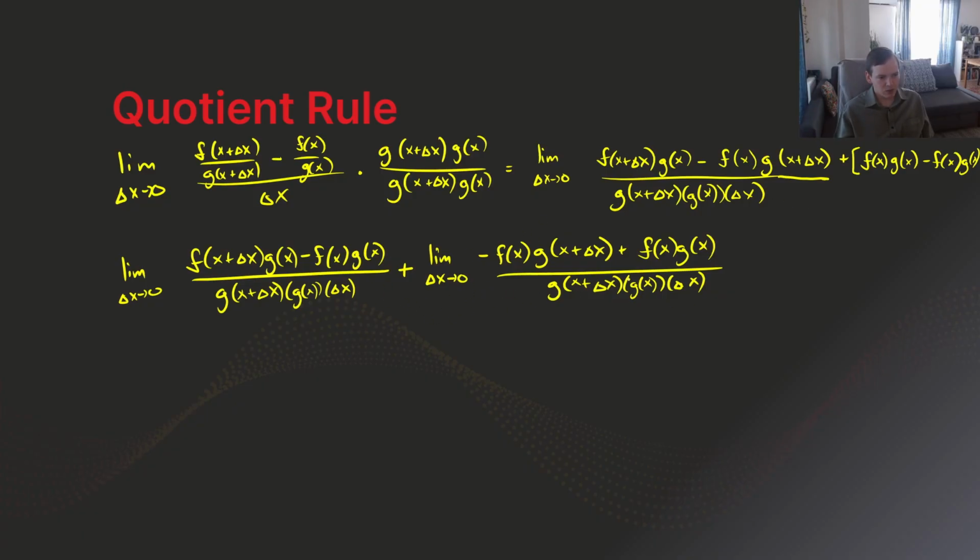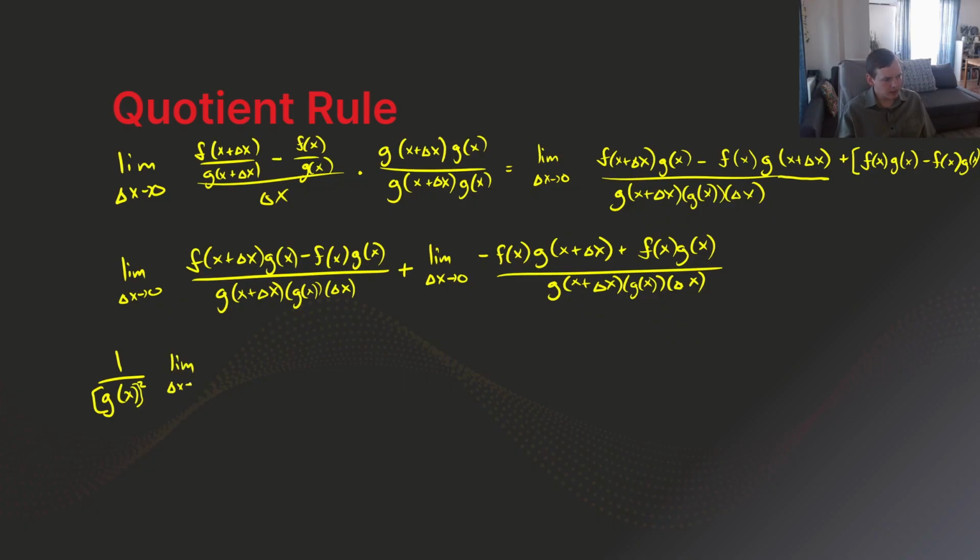Now what I'm going to do is factor out all this g of x stuff. I'm going to apply the limit to this denominator g of x, because again, with multiplication and division, we can apply the limit separately. And that will give me out front 1 over g of x squared, right? So the limit as delta x approaches 0 is just going to give me g of x, and g of x, like so.